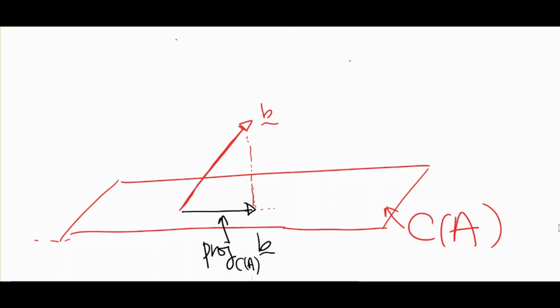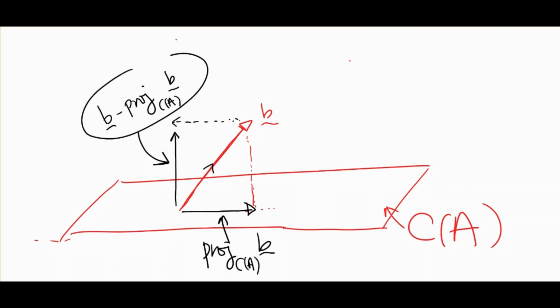Now, this is all the things that we know from before, nothing really new. If you reverse the positions and look at B minus the projection of B onto the column space of A, which will give us this vector right here, what do we know?